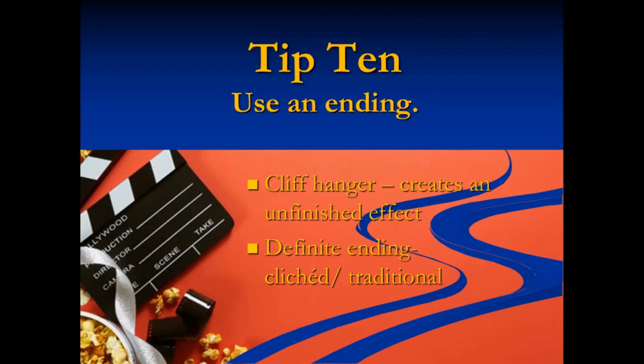So let's just say at the end of your story, you want everyone to live happily ever after. That would be considered a cliche because we've seen it 1,000 times before. Not that it'll cause you to lose points, but it's just something that we expect. Okay?